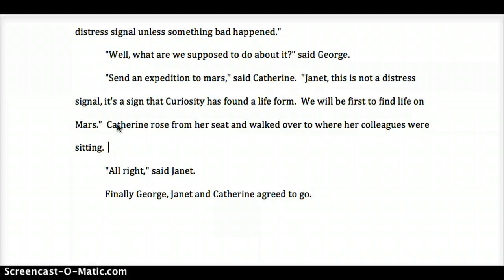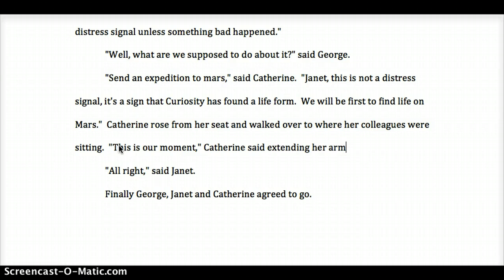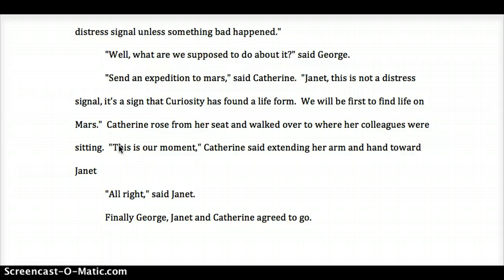Okay, so she's right. Now what else might she do, or what might some of the other characters do? So I'm using narration to show the exact actions. So I'm going to have her speak again. "This is our moment," Catherine said, extending her arm and hand toward Janet.